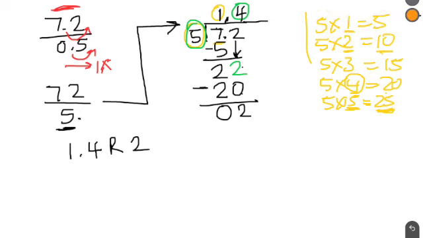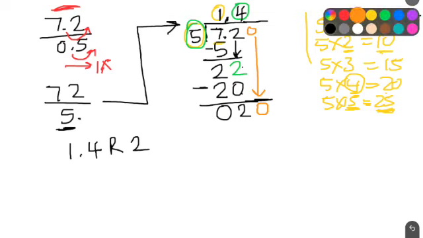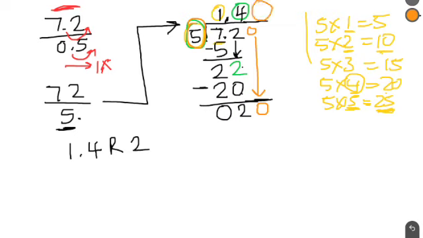So usually at this point, if there's a remainder, what we would do is add a 0, and we would bring the 0 down, and we would continue on. We would ask the question, 5 times what number is equal to 20 or less?